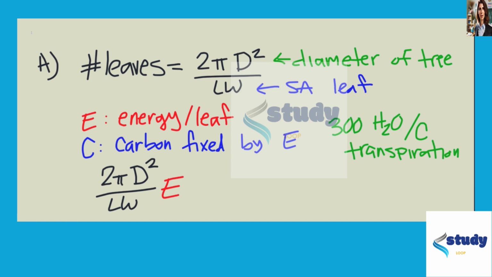That should be roughly equal to our 300 water molecules per carbon, multiplied by the amount of carbon molecules that are fixed.